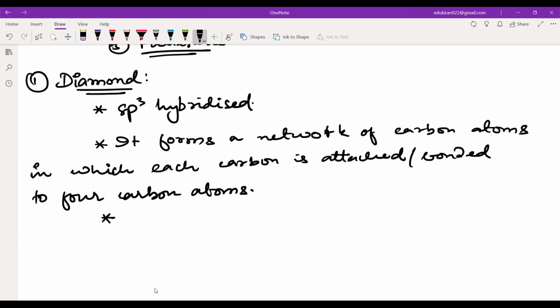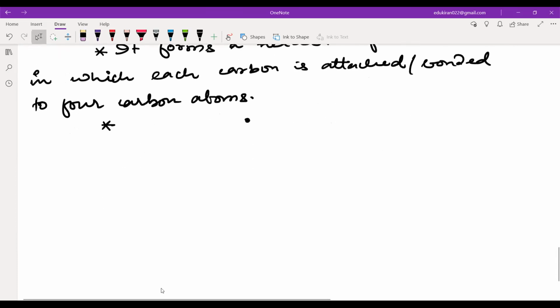In this network, you have 4 carbon atoms attached to each carbon atom. That means you have 4 very strong bonds, and then again the next 4 very strong bonds. The structure of diamond is something like this: if you start from this first carbon atom, it is attached to 1, 2, 3, and 4, and furthermore each of these carbons will be attached to 4 more.